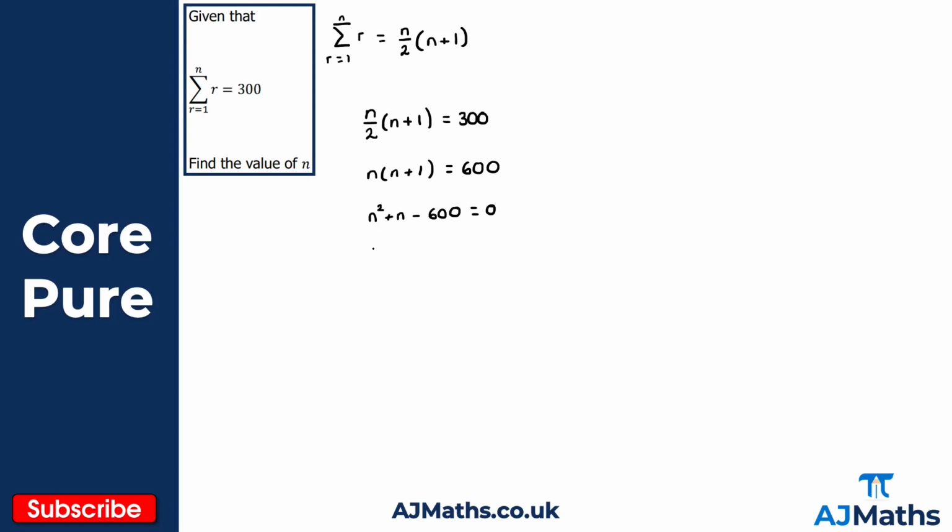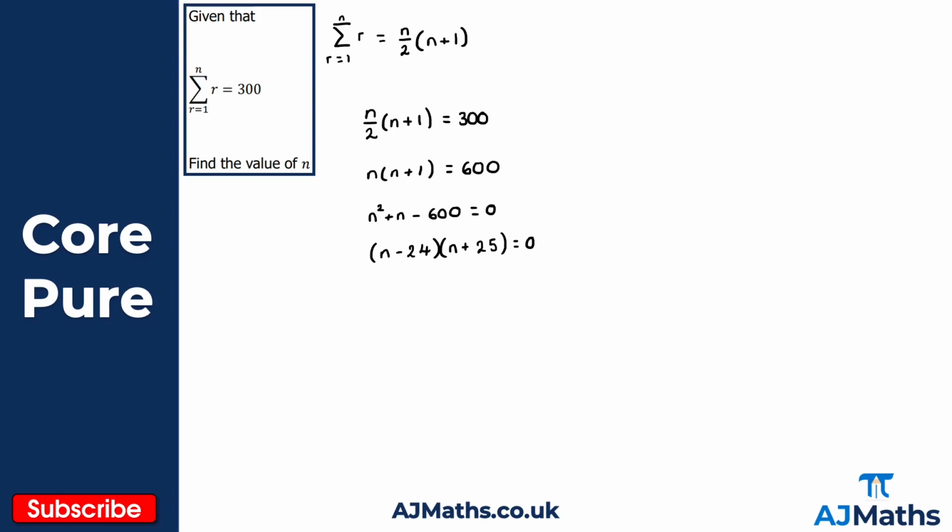So what you should get here when you factorize this is n minus 24 in one bracket, and then in the other bracket you should get n plus 25, and that is equal to 0. So from here then, we get two solutions for n. Now, obviously, we only need one solution here, and the solution that we need is the positive solution.